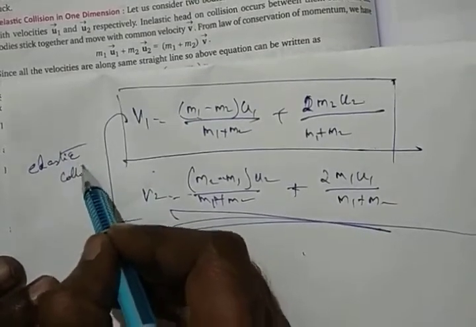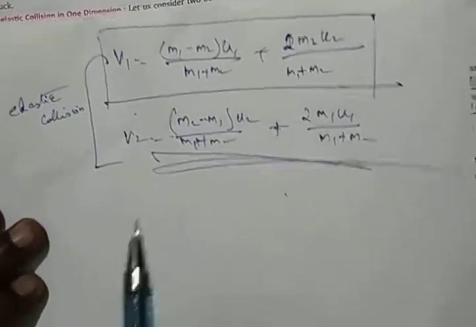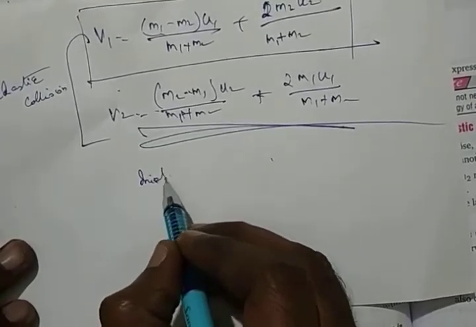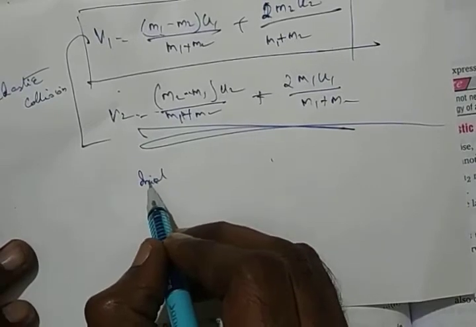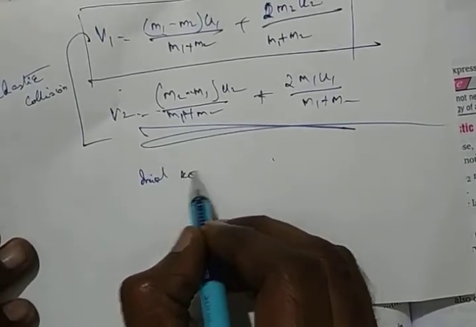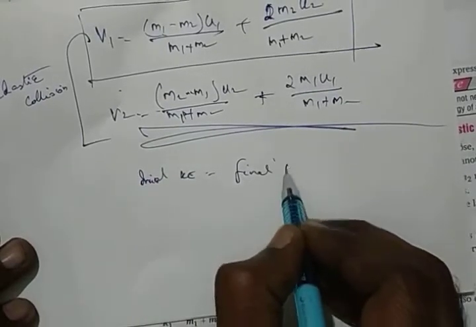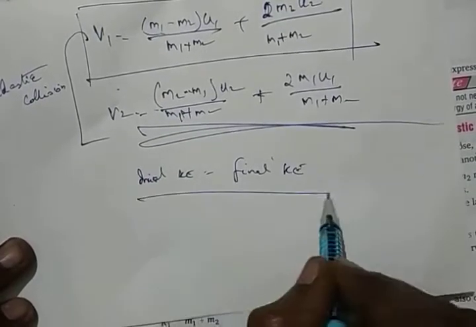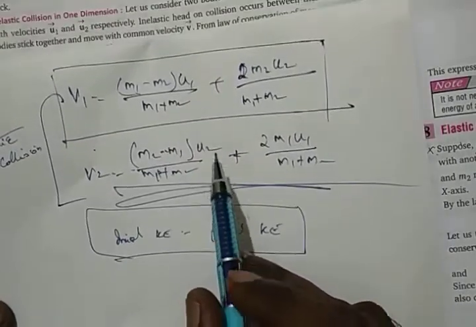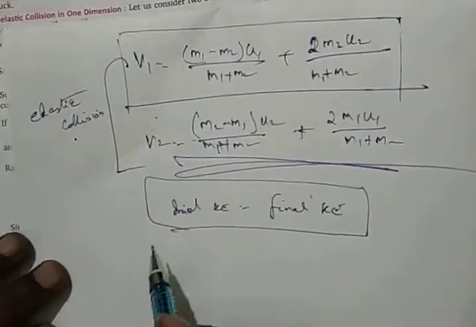Now you can ask me, sir, what is elastic collision? Elastic collision means the initial kinetic energy is going to be equal to final kinetic energy. There is no loss in kinetic energy. That's what elastic collision means.